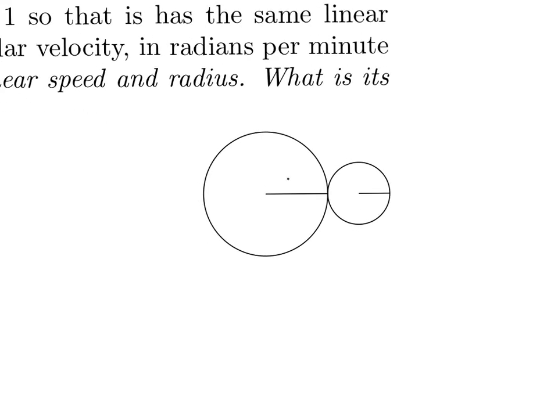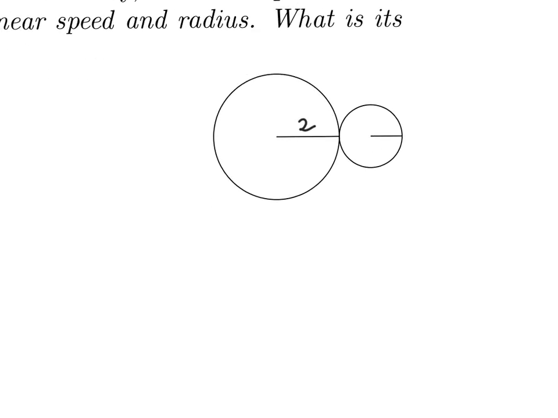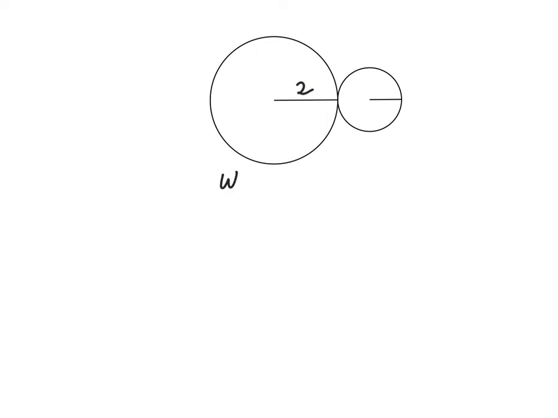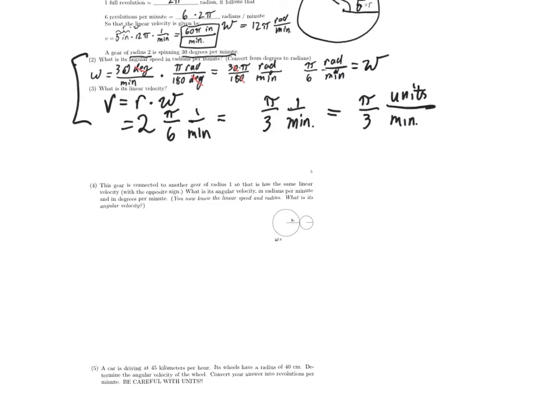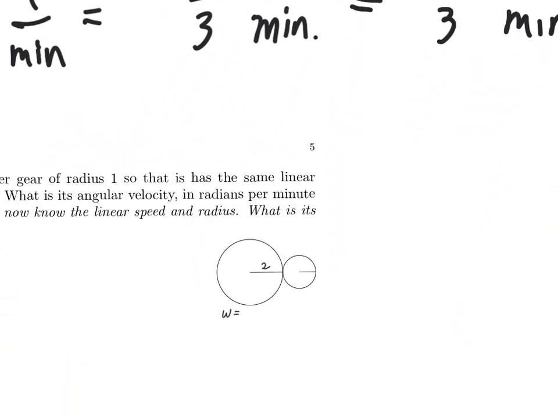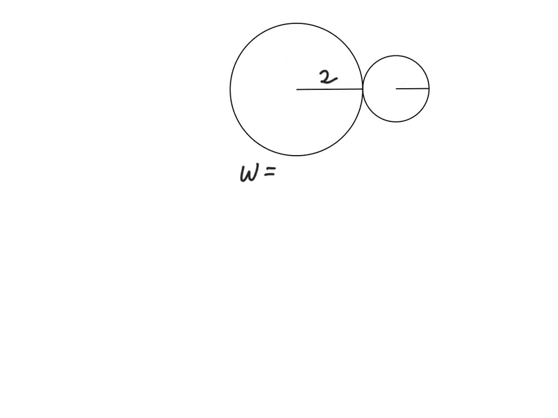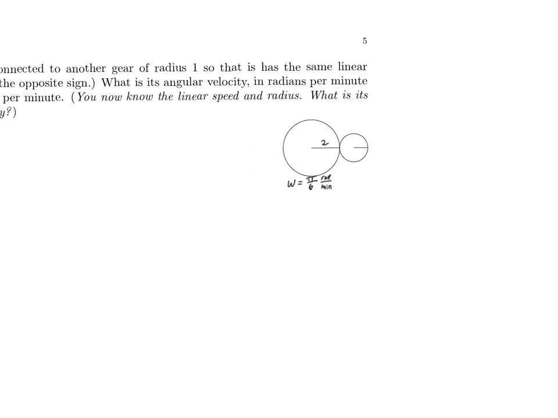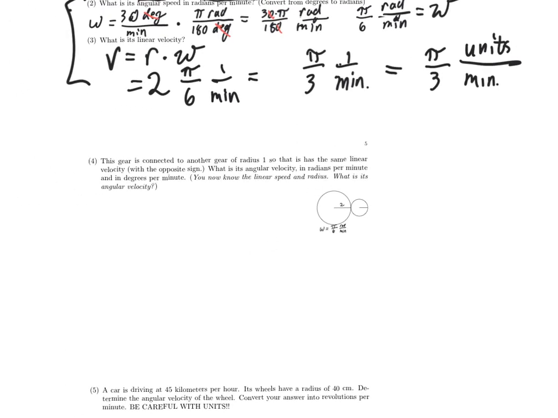So let's suppose you start with that same gear of radius 2 and angular velocity, which we just computed, pi over 6 radians per minute. And we computed its linear velocity, so we may as well write that.